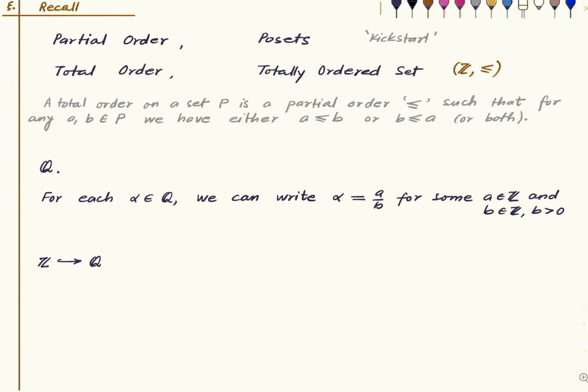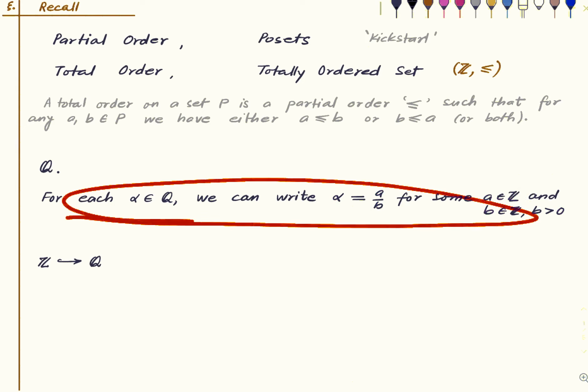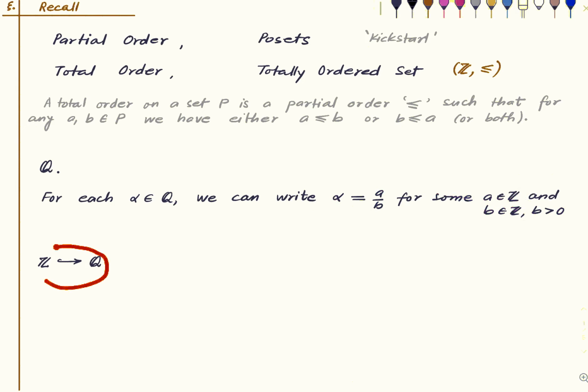We saw that each rational number can be written in the form A by B, where A is an integer and B is a positive integer. Very simple fact. Lastly, we looked at how to identify integers inside the rationals. The identification was very simple: you just think of an integer as this particular rational number. Okay, so let us now move on.